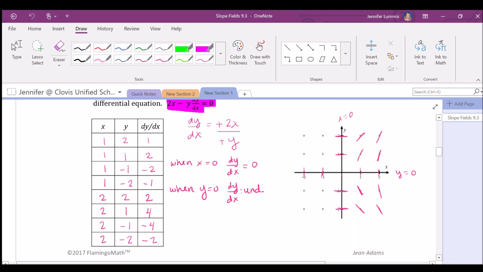All right, so you can see that I've already come over here and filled in these 2 quadrants for the values that I had. And I started to notice a little pattern when I was doing this, that along the line y equals x, I had the same slope. So right here at 1, 1 and 2, 2, they both had a slope of 2. You'll notice this will continue into -1, -1, and -2, -2.